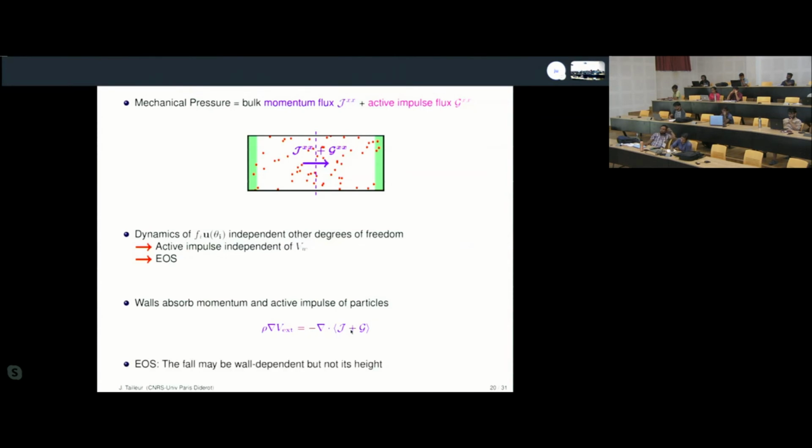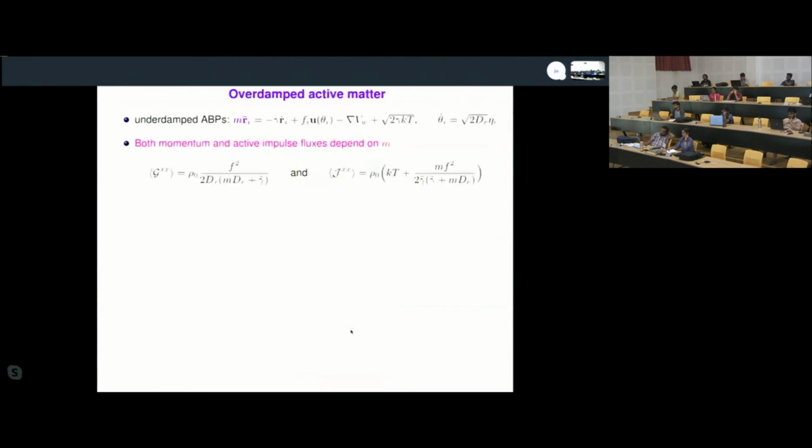And the equation of state tells you that Jxx plus Gxx has to go from its bulk value to 0 outside the system. Different walls will tell you that the way these fluxes fall from the bulk value to 0 will be potential dependent, but the height of the fall is independent.